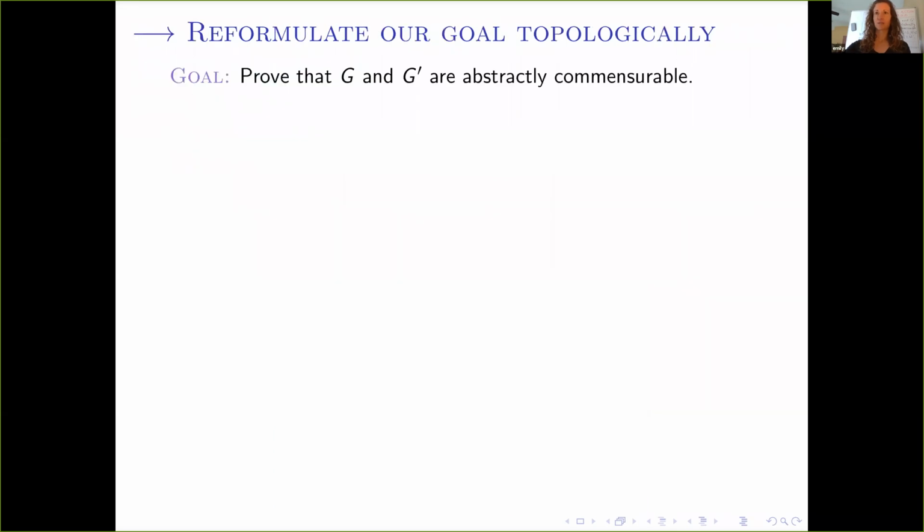So why is this helpful? The reason it's helpful for us is that we can now reformulate our goal, that these groups are abstractly commensurable, in topological terms.